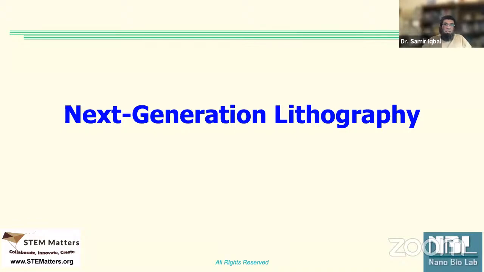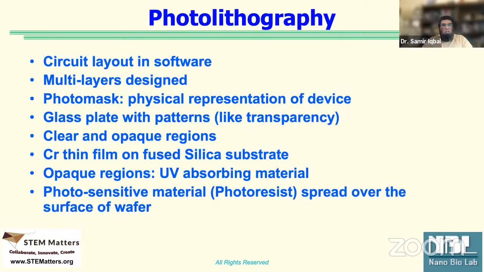So there are a few things that we want to achieve when we say we want to write things at nanoscale. We want to meet certain criteria, certain requirements. Just to recap, photolithography or optical lithography: we make the layout, we have multi-layer design, we make masks. We call them photomasks because we use light to transfer the pattern on the surface, and the mask is just a glass plate which has transparent and opaque regions.